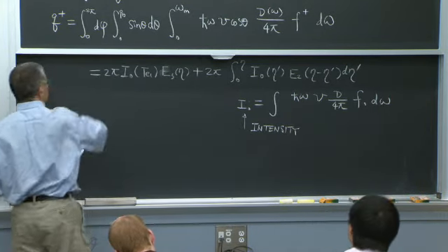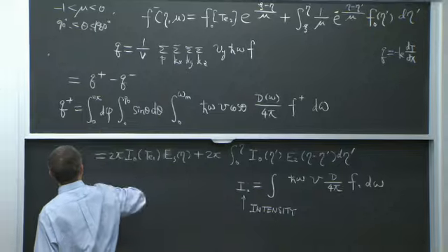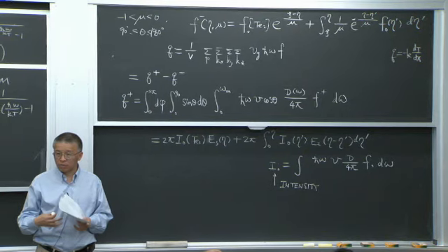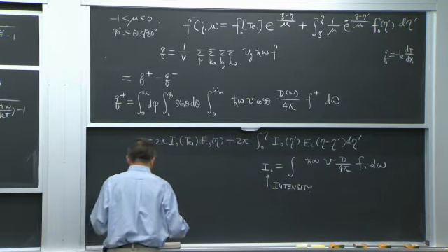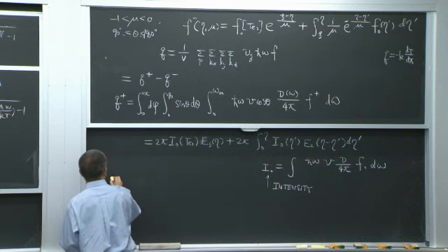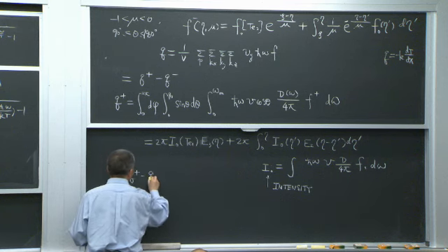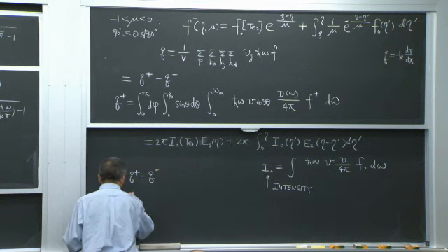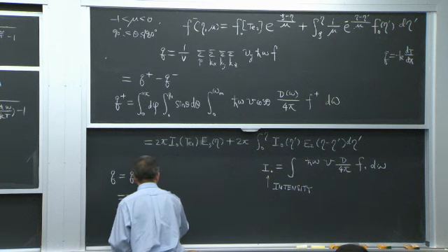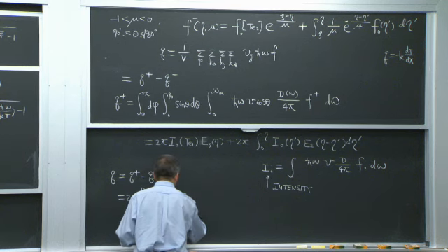So this is the positive heat flux, and you can integrate the F minus to get the negative heat flux, and the net heat flux is the difference of the two. So if I write the net heat flux, let me write it down, the net heat flux Q is Q plus minus Q minus, and what I have here is 2π I0 T E1 E3 eta.